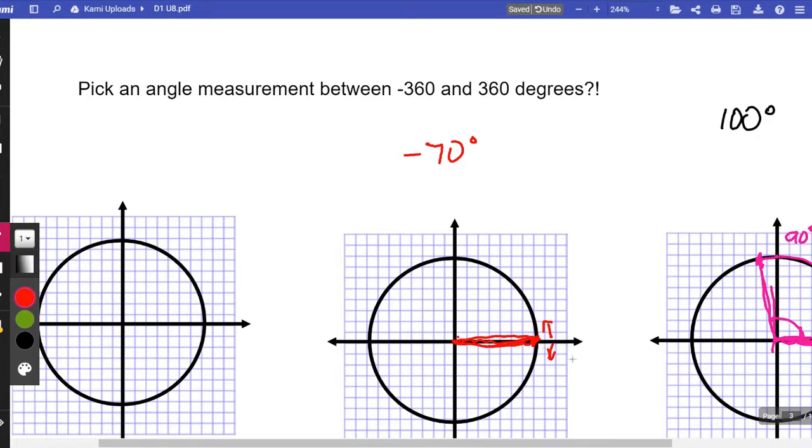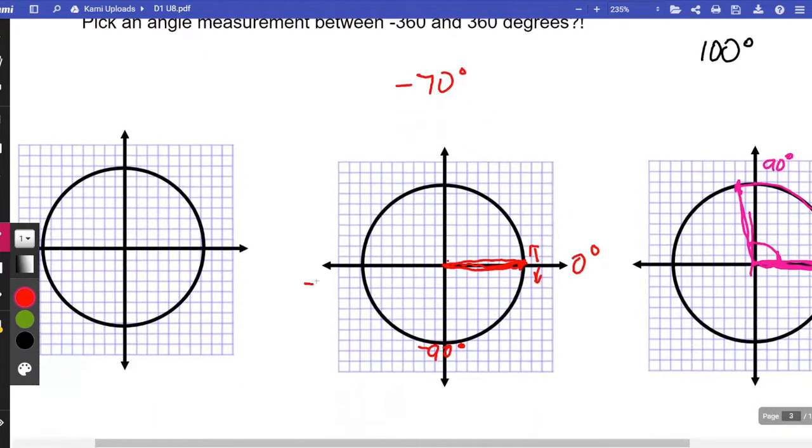If I travel in a negative direction, I still start at 0 degrees. This would then be negative 90 degrees down there. This would be negative 180 degrees, this would be negative 270 degrees, and this would also be negative 360. So 0 and negative 360 represent the exact same spot, just as 0 and positive 360 would.